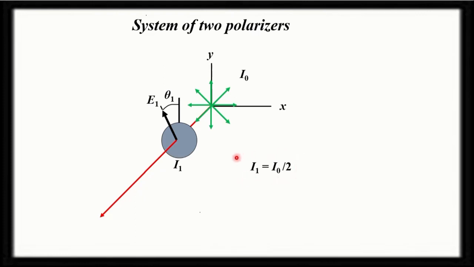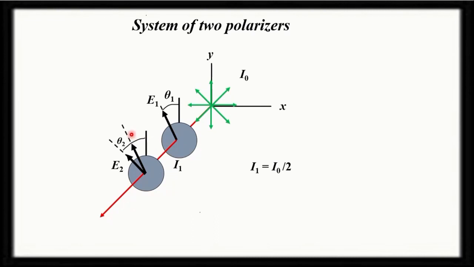And then we introduce the second polarizer, and the axis of polarization of this polarizer makes angle θ2 with the vertical axis. The electric field after the second polarizer will be polarized in this direction, and to find its magnitude, we draw here the direction of E1 and the direction of the polarization axis of the first polarizer.